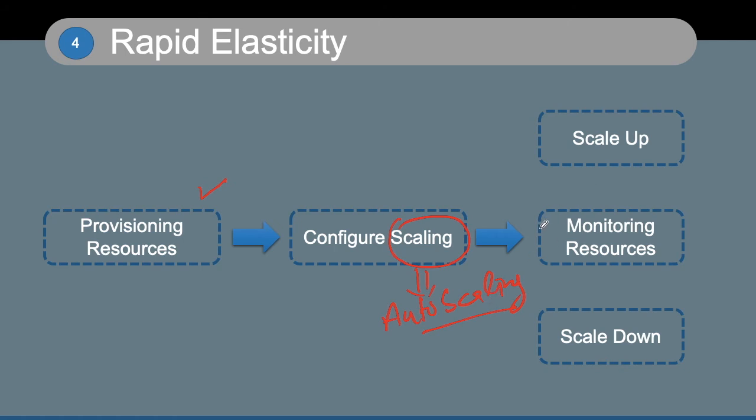Whenever you are monitoring the resources and you need more capacity, it will scale up the resources, and whenever you don't need that capacity, it will scale down. So you can move from, let's say, x resources to 2x resources, or if you don't need it, you can reduce it to x by 2 resources.